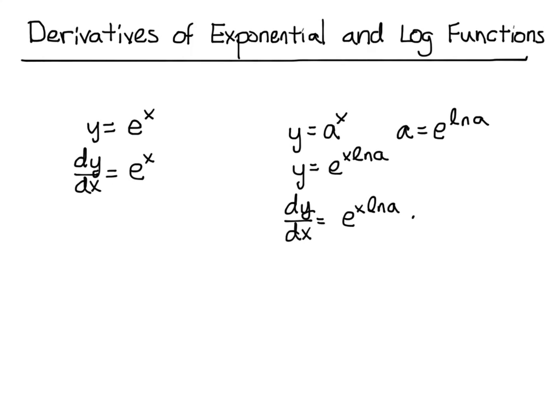If I differentiate this, I can use the definition that the derivative of e to the x is e to the x: the derivative of e to the x ln a is e to the x ln a, and then by the chain rule, the derivative of x ln a is just ln a.